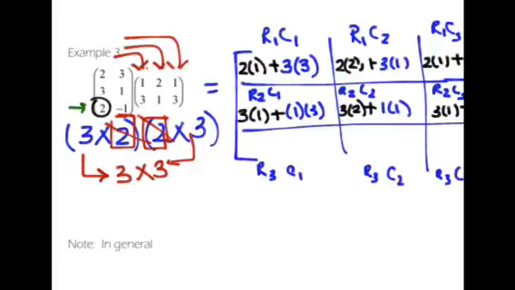This 2 times this 1, this negative 1 times this 3, then the next column, the same 2, but now it's going to get multiplied by this 2, and this negative 1 times that 1.